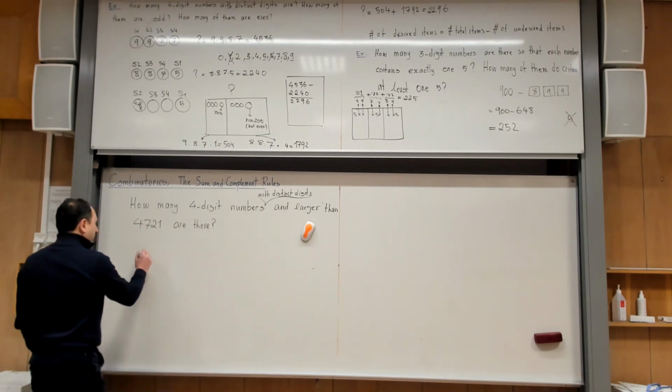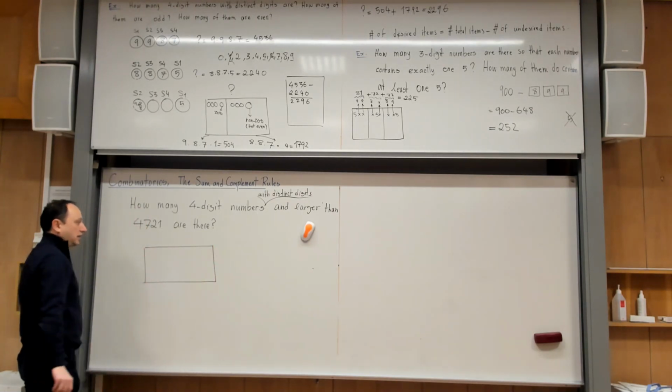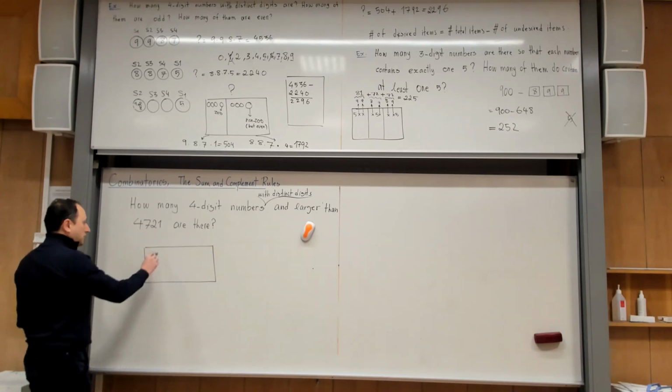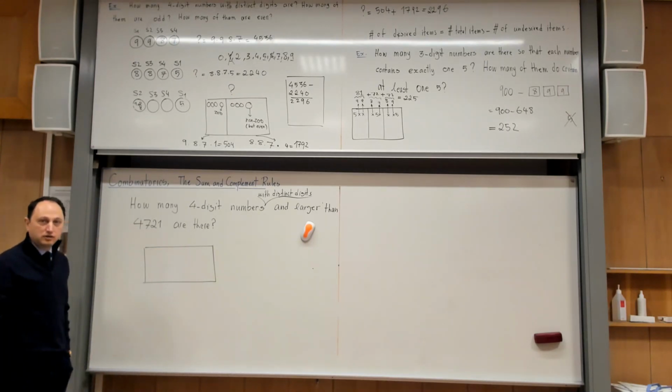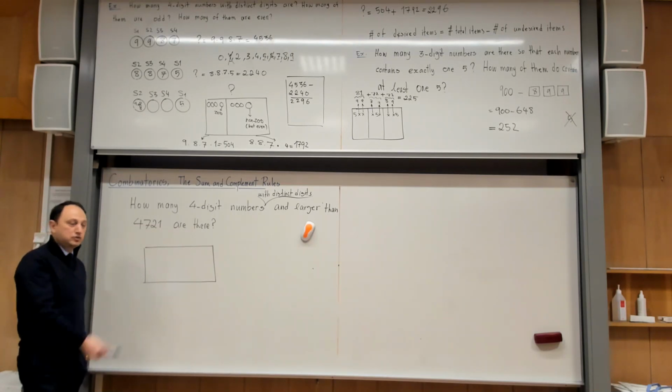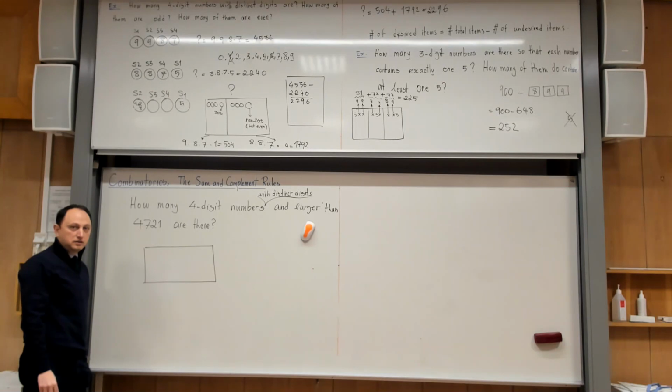Okay, so if you want to do it, you can imagine this is the total number of items that you want, but in how many partitions do you have now? So if you want to use the sum rule, you have to partition the whole items. Those numbers that start with a 4 and those that start with a number bigger than 4.